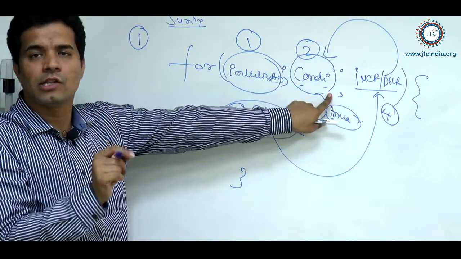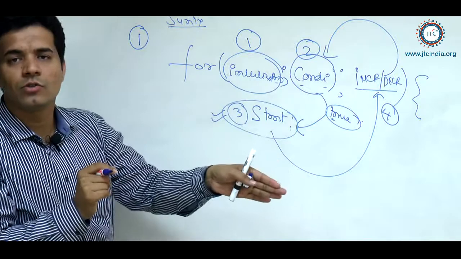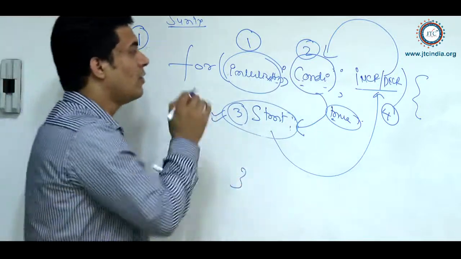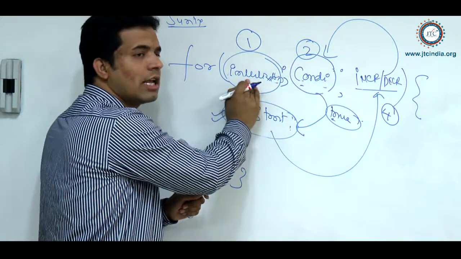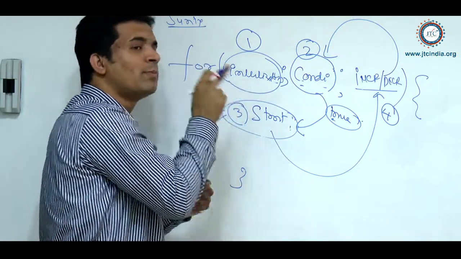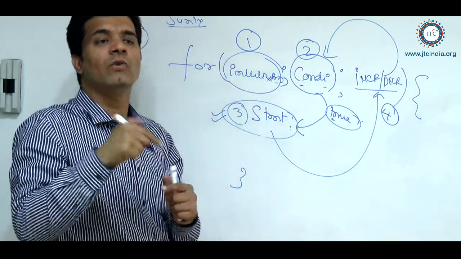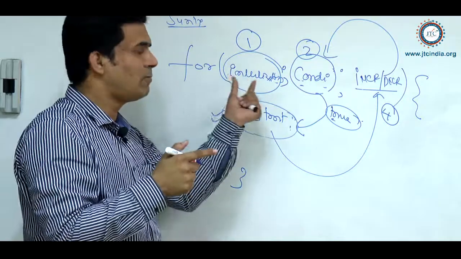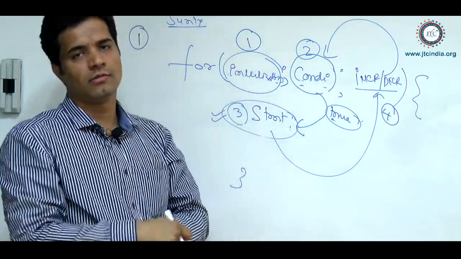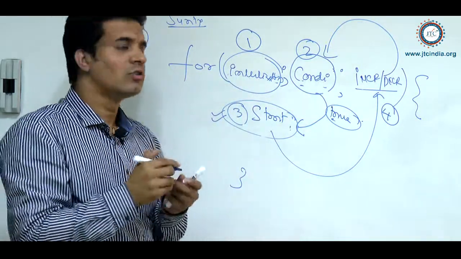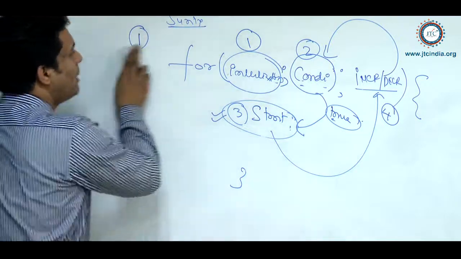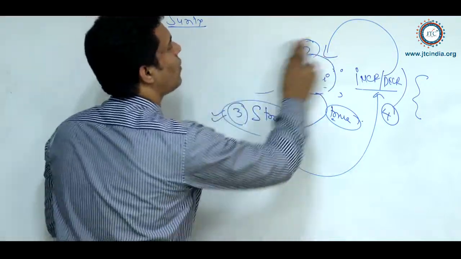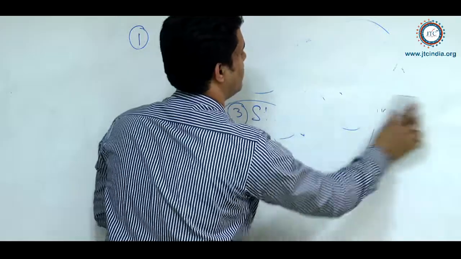When it returns false, the further steps are not processed. The initialization is processed only once; it is not repeated. Is that okay? Now again, I'll write one basic example of the for loop. Here you see now.